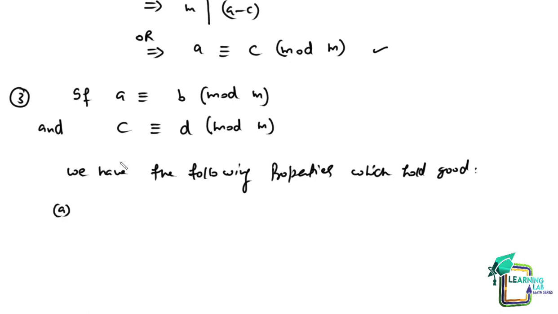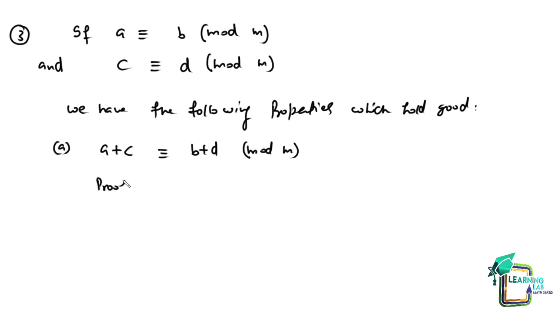Number 1, if A is congruent to B mod M and C is congruent to D mod M, then A plus C is congruent to B plus D mod M. That means we can add these two modular equations, right?